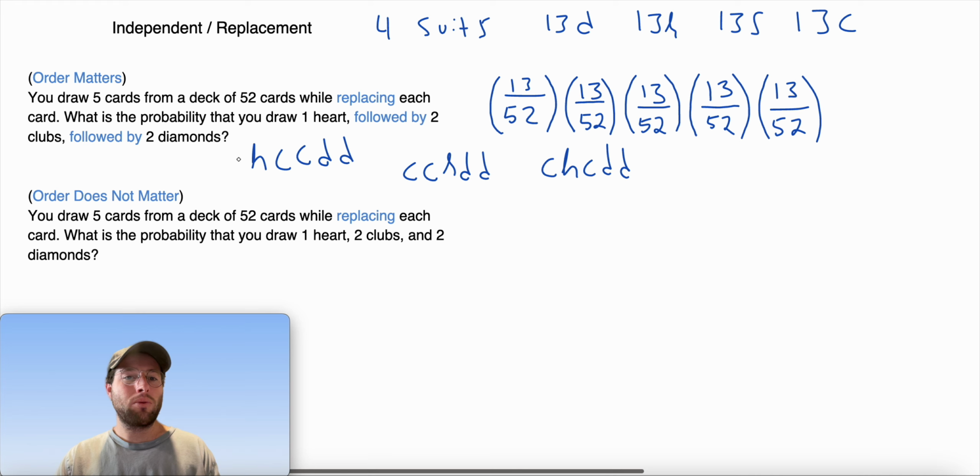So in essence, we're finding the general probability of drawing one heart, two clubs, two diamonds, and multiplying that by the one particular arrangement we're interested in, and that is giving us our probability when order matters.